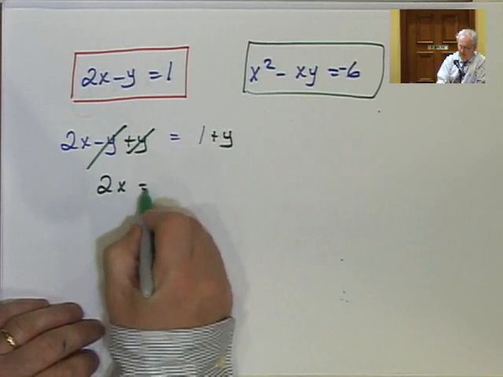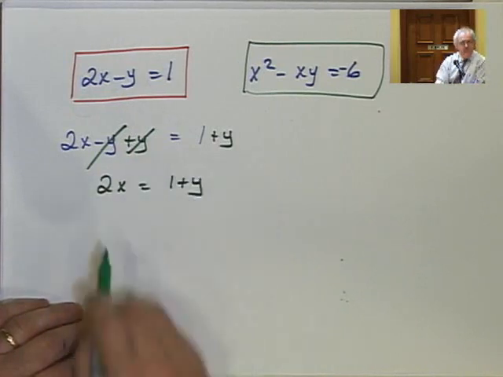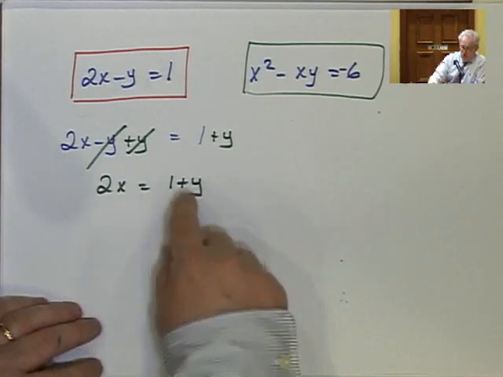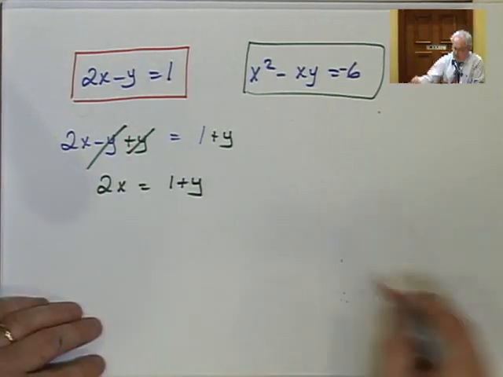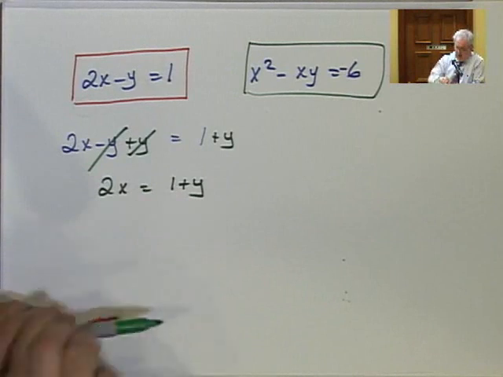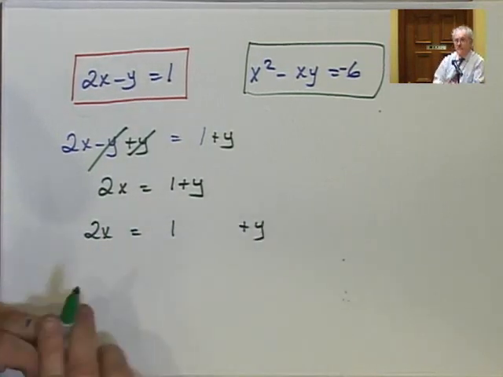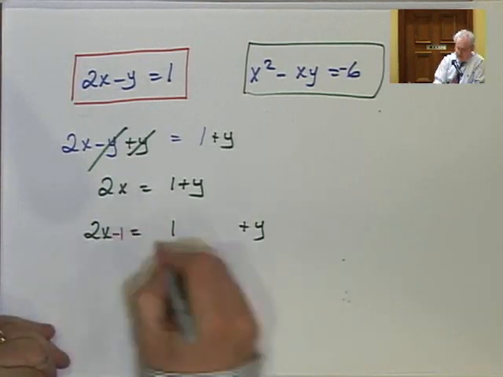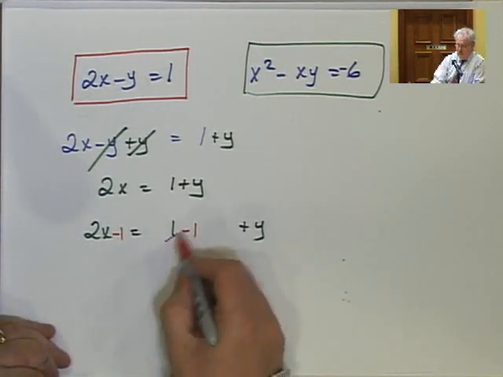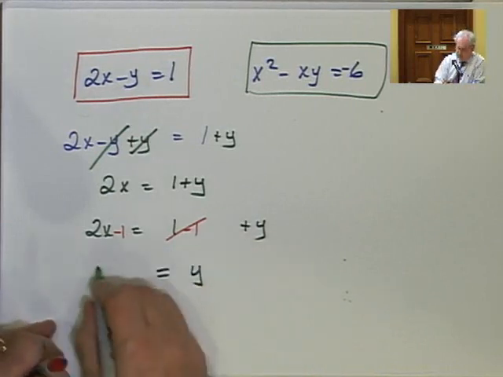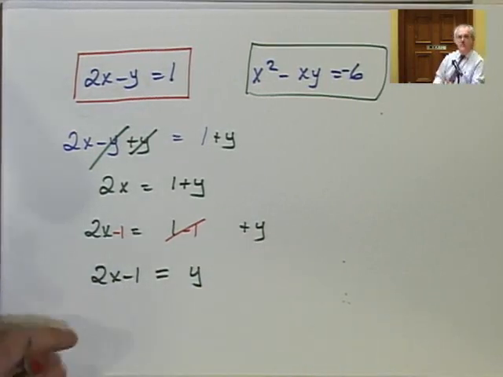So 2x is 1 plus y. I could get rid of the 1 here if I wanted, and I could say 2x equals 1 plus y, and I could say minus 1, minus 1. So y is equal to 2x minus 1.